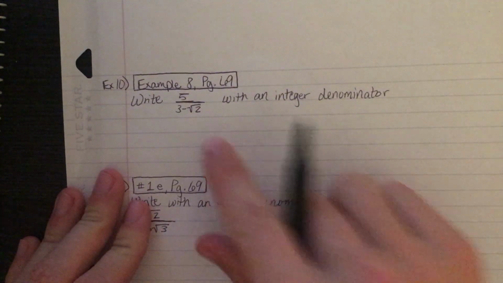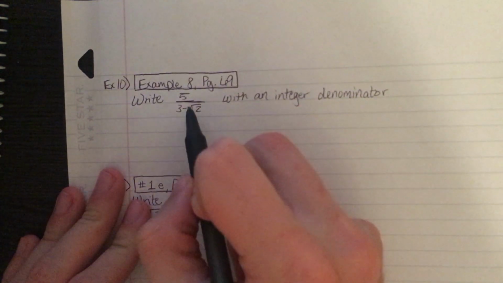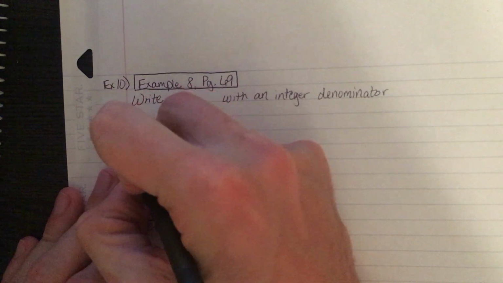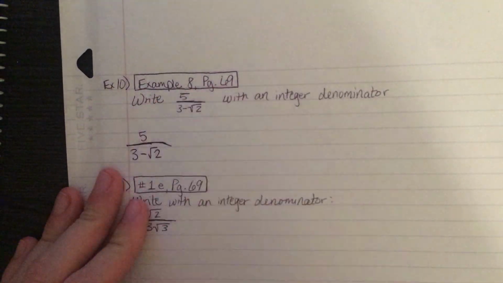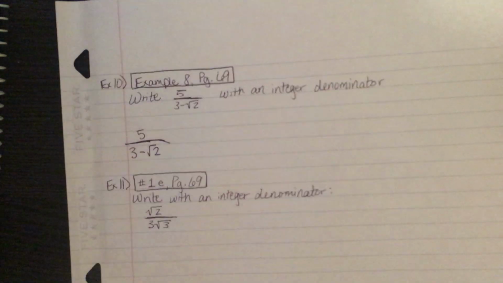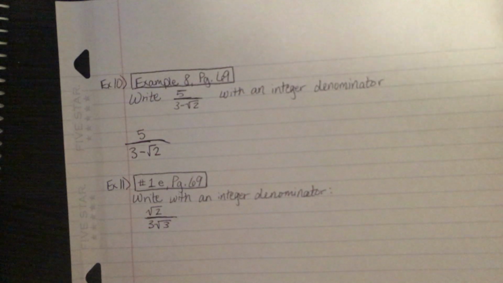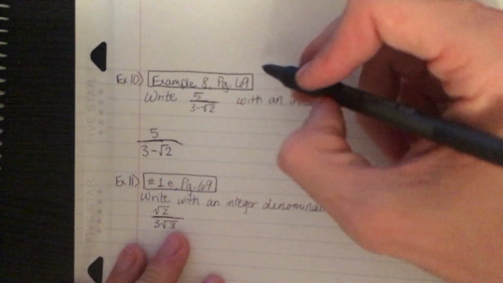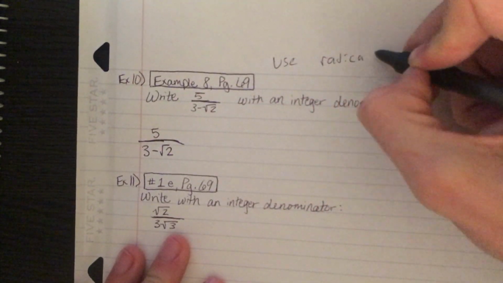So right here, the number that we want to simplify is 5 divided by 3 minus the square root of 2. We want to multiply this by something that will cancel out the radical in the denominator. So we've got to use the radical conjugate.